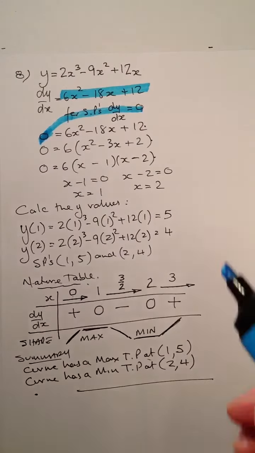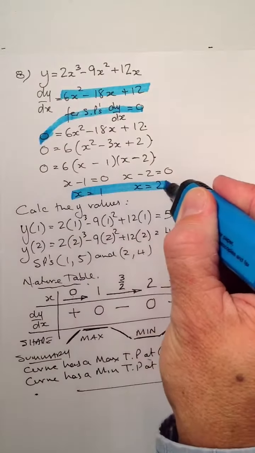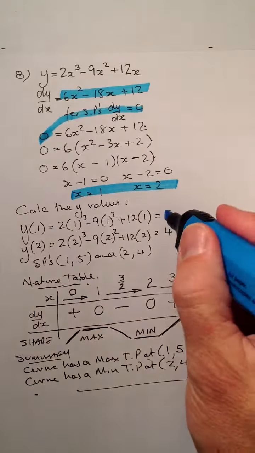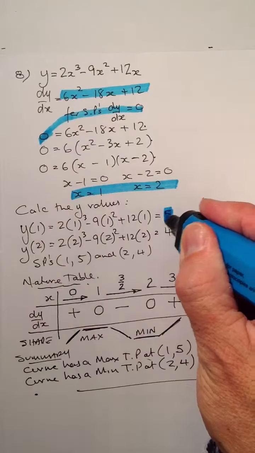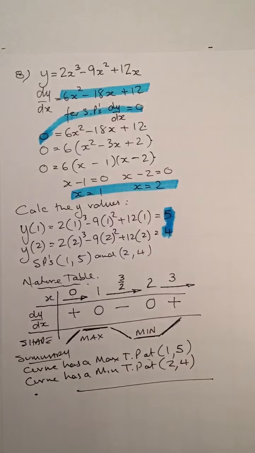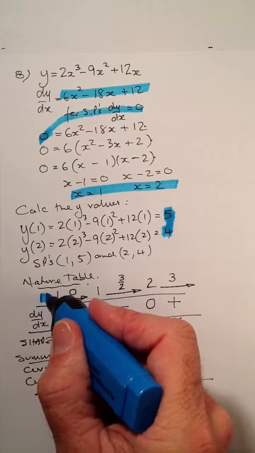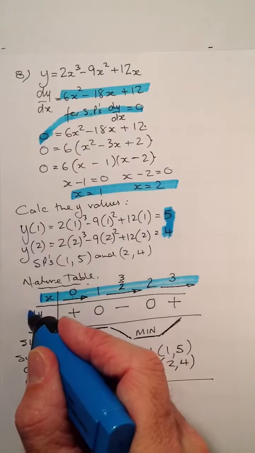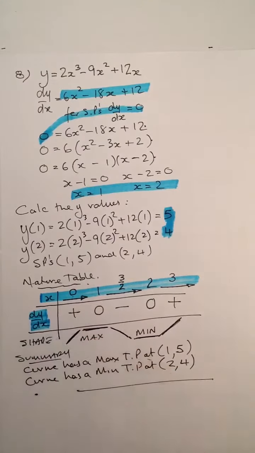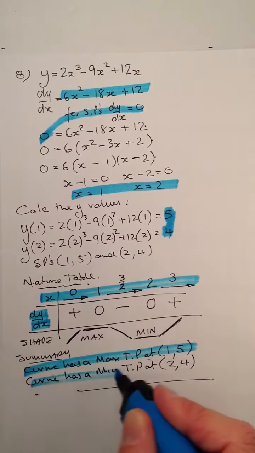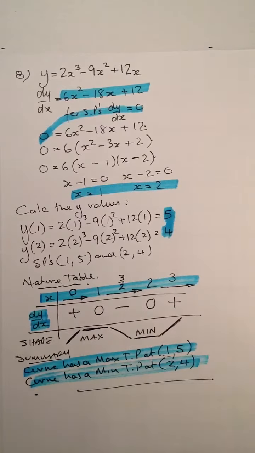Okay, mark number 3 will be given for the x values, and mark number 4 will be for the y values. Mark number 5 for the creation of the nature table, with particular reference to having dy by dx in here. And the 6th mark will come for a correct summary of what I've found during this investigation.